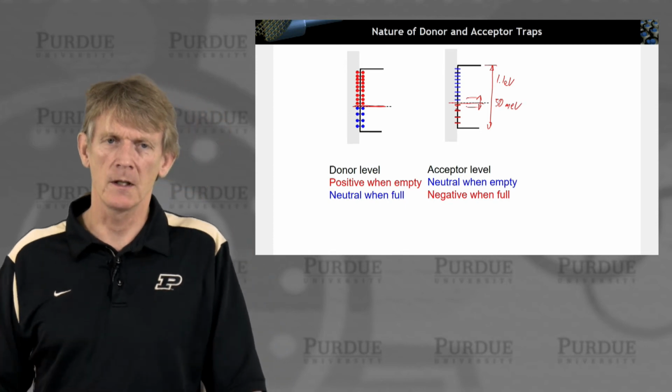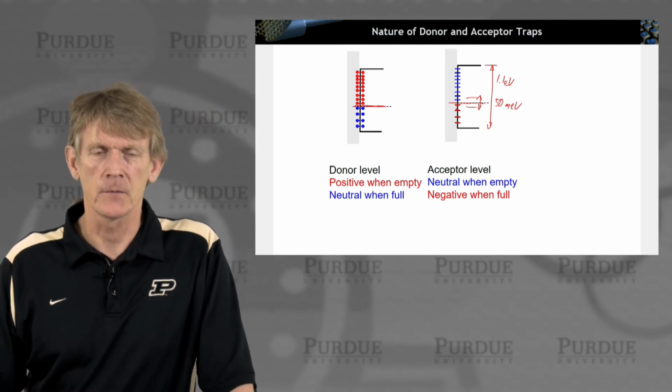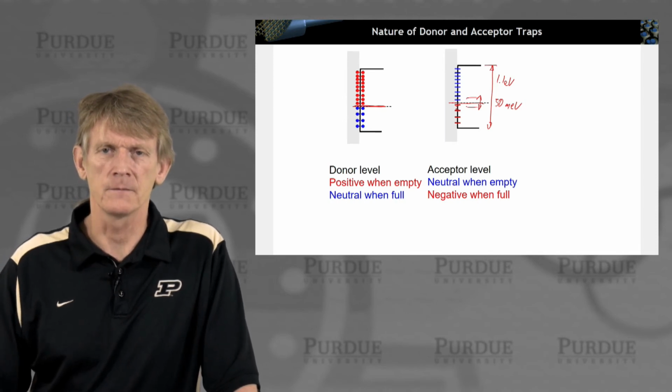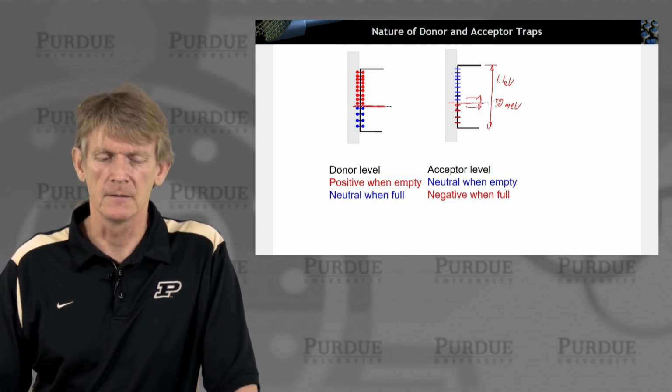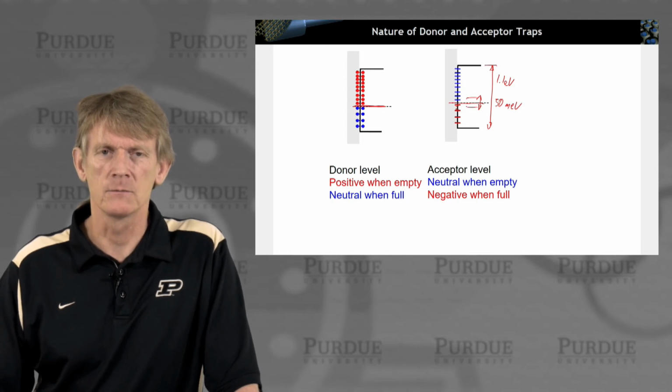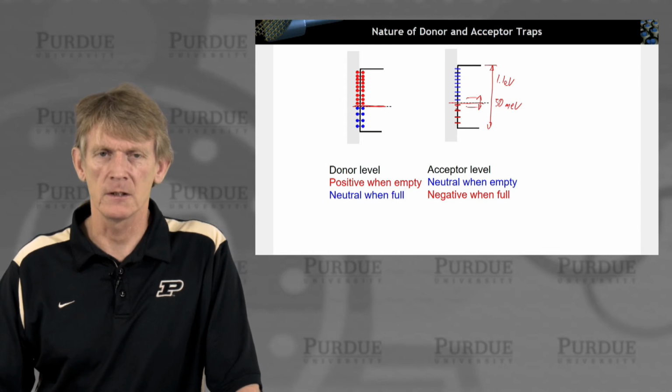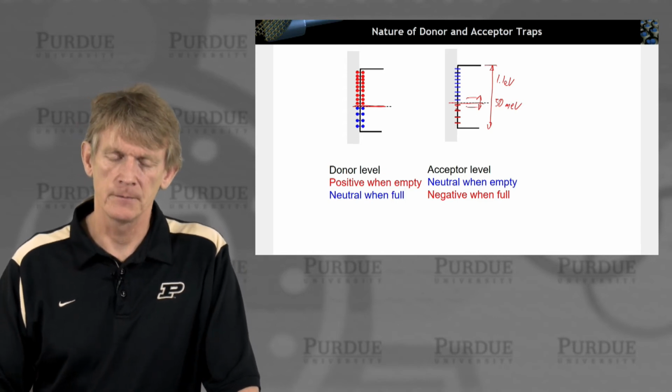Okay, so the Fermi level on that length scale, or in energy on this energy scale, is pretty narrow. So even at room temperature, the transition between empty and full is pretty narrow compared to the overall gap.